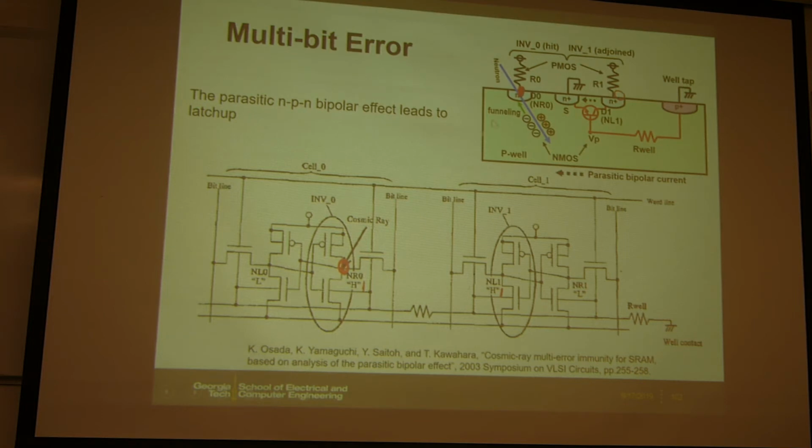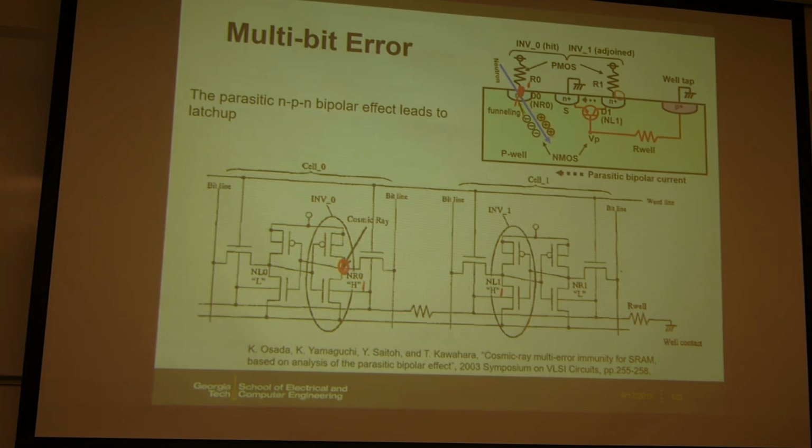So what happened here is, for example, this cosmic ray hit the PN junction of this transistor. We create this electron-hole pair, and the electrons will be collected to the drain of this transistor, because this stores 1. This 1 is high potential, and electrons like to go to higher potential, so electrons will sink to this node.